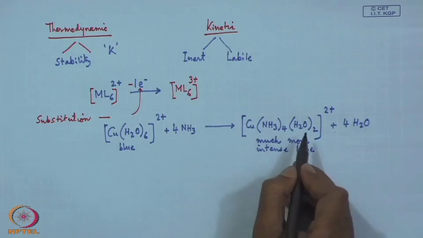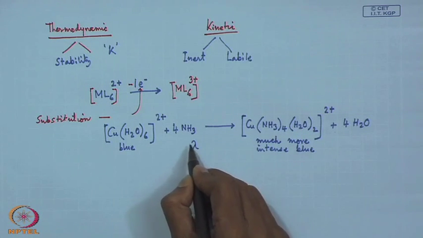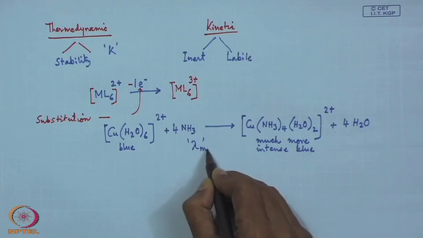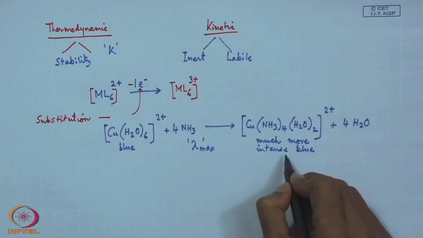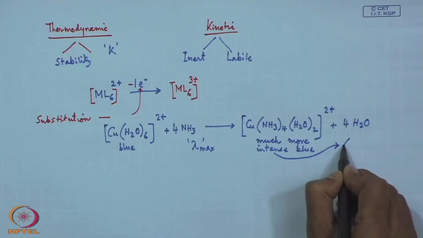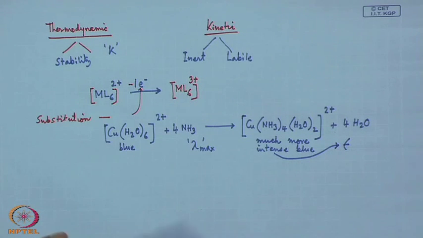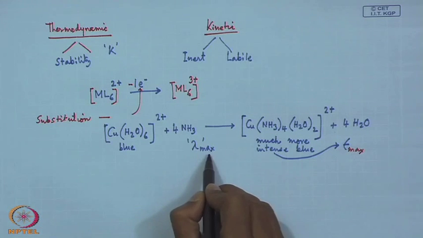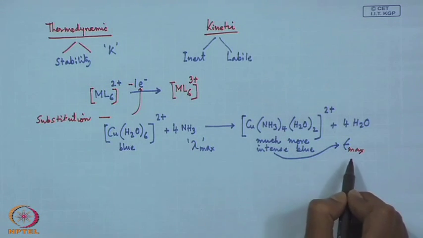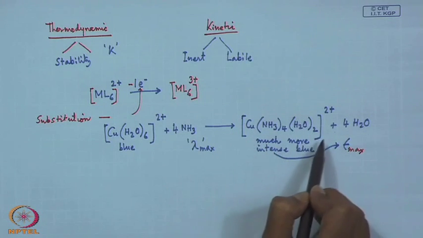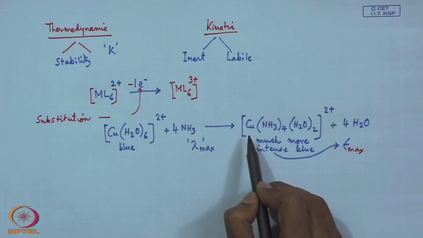So, if there is a slight change in the lambda values with a change in the corresponding epsilon value, that means the intensity is changing, the molar absorptivity is changing, that means the epsilon max is changing. So, by looking at the corresponding lambda max and epsilon max for this compound, we can monitor the formation of this particular reaction very quickly.